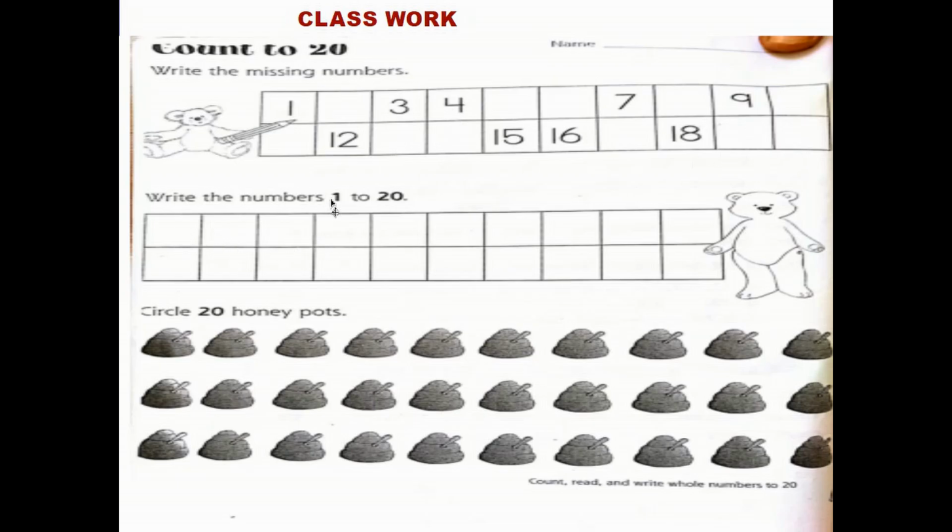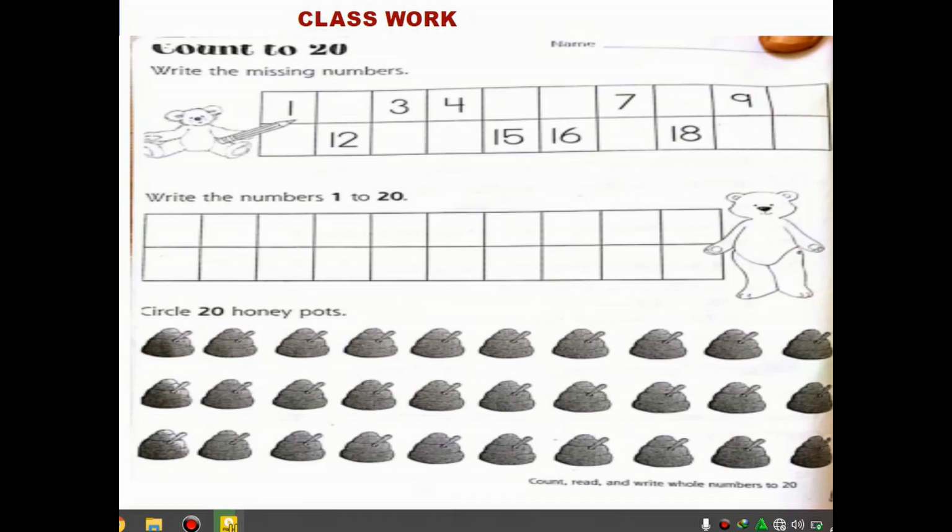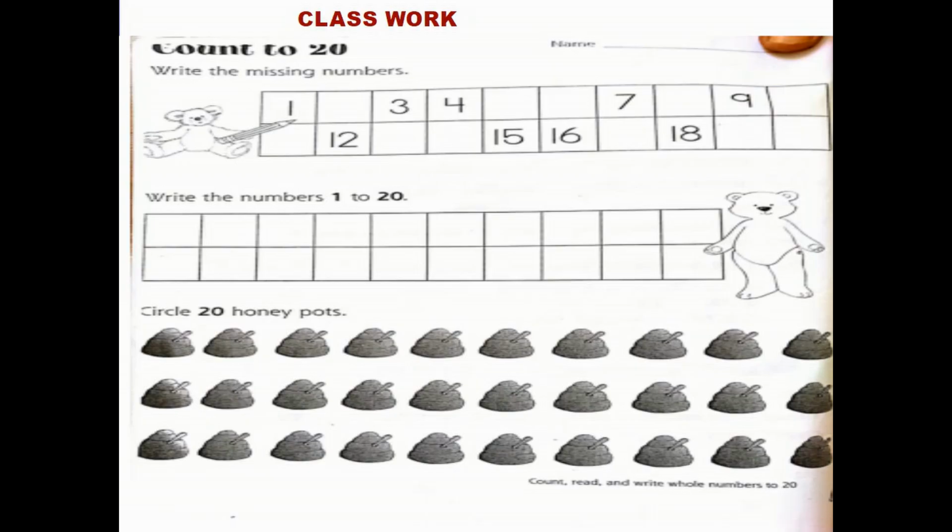And also here you have a blank space to complete, writing from 1 up to 20, and also here to circle the honey pots. You count 20 honey pots and then circle them. This is your classwork. I will give you 10 minutes for this, and then we'll see the answers.